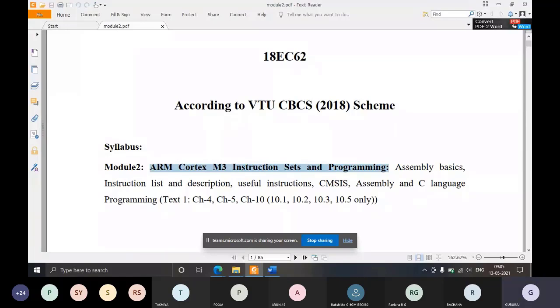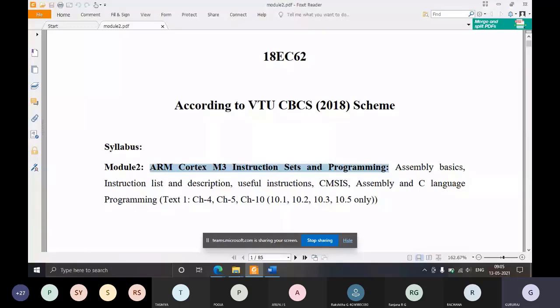No, because it will not understand. It will understand only the language that is programmed to be understood by it. Okay, and that language is the particular instruction set of that particular processor. Okay, so think of the instruction set as a language that the particular processor or controller understands.